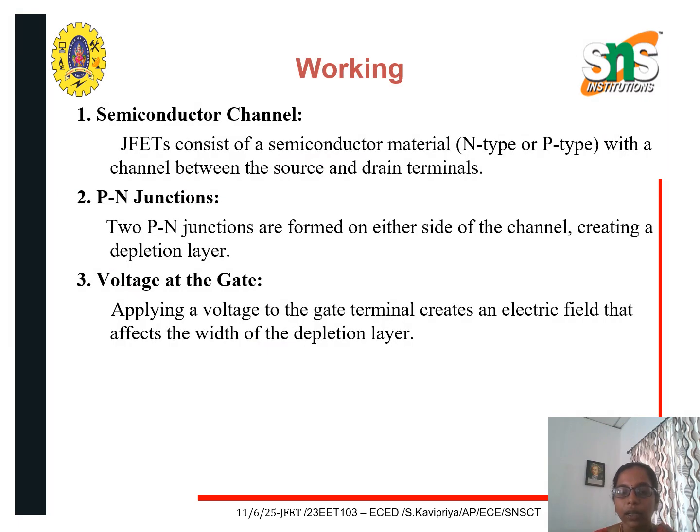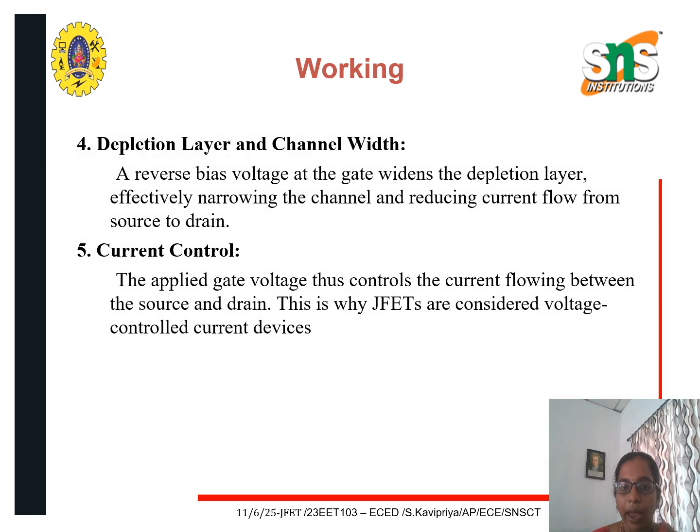And next is the working of a JFET. Here we will have an N-type channel and P-type channel, and the applied gate voltage will control the current flow between the drain and source. Two PN junctions will be available on either side of the channel, and thereby create a depletion region. We will be applying only the reverse bias voltage over here, and that too across the gate terminal.